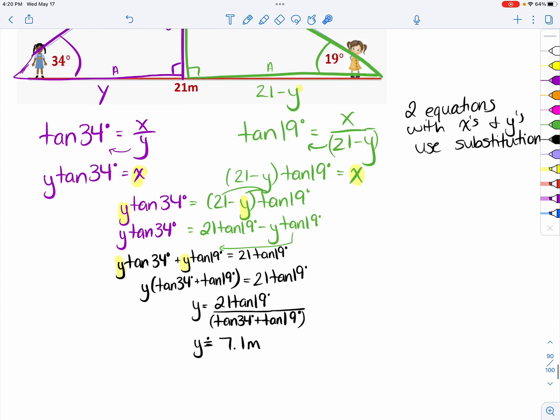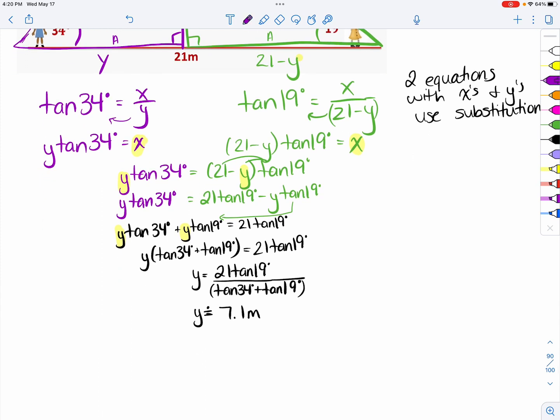All right, so I'm going to take that 7.1 and I'm going to sub it into the equation y times tan 34 degrees equals x. 7.1 times tan 34, oops, that's wrong.